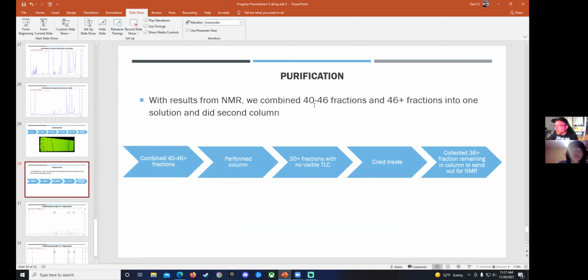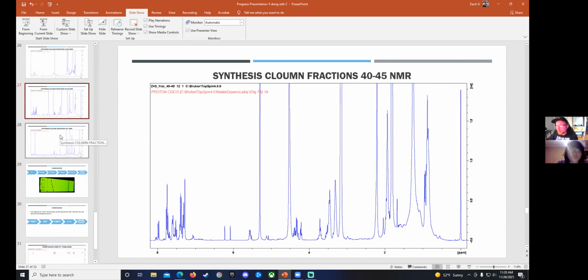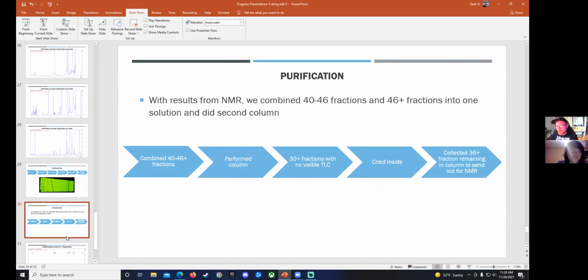With the results of the NMR based off of our previous slides here with our 40 to 45 and 46 plus, we decided that those were the best samples to combine. So we combined 40 through 46 plus. We performed a second column, kind of the same situation. We got to 30 plus fractions with no visible TLC.